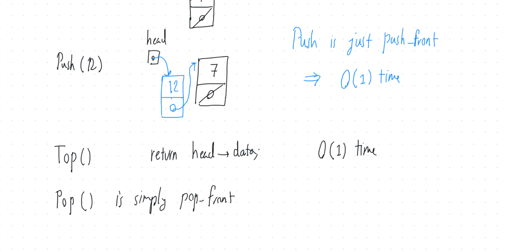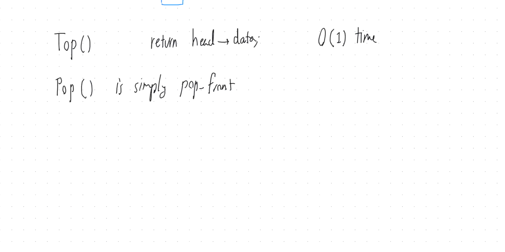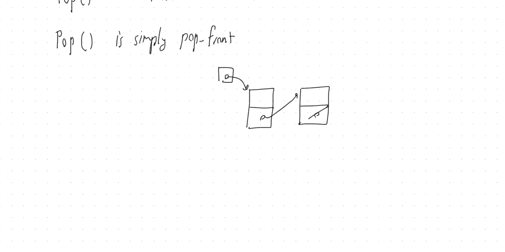And if you remember, let me do the picture again and remind you about the steps. So at the moment, you have two nodes in your linked list that contain 12 and 7. 12 is the most recently pushed key, and 7 is the first key that we pushed.